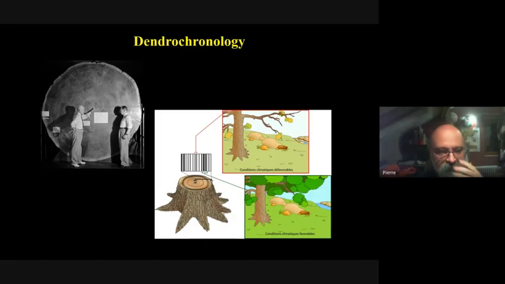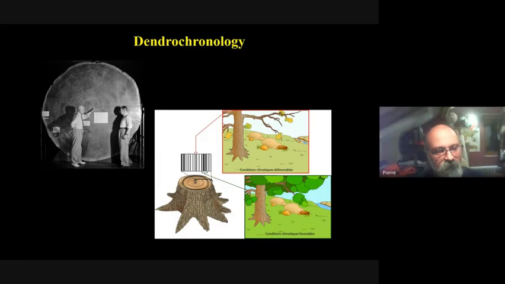Dendrochronology, it is based on the analysis of the circle, the growth circle we can find into a trees. You know, a tree year by year grows and build a new growth circle from the center to the external part of the tree.